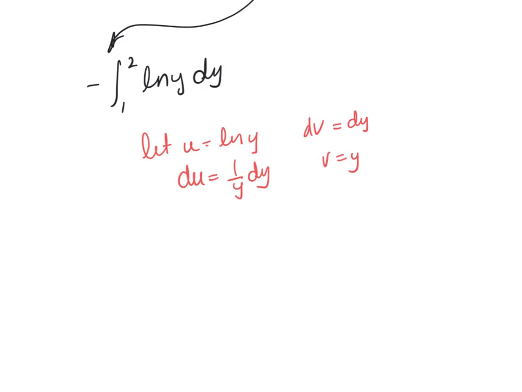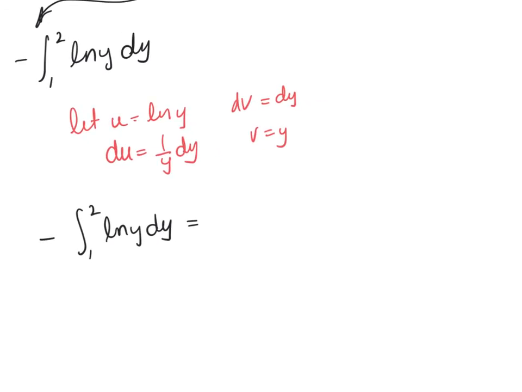That means that negative integral from 1 to 2 of the natural log of y dy ends up becoming y times the natural log of y, minus the integral of, don't forget that negative out front. So that's going to make that negative, and it's going to make this one positive. So negative, then positive, integral from 1 to 2 of y times 1 over y dy.